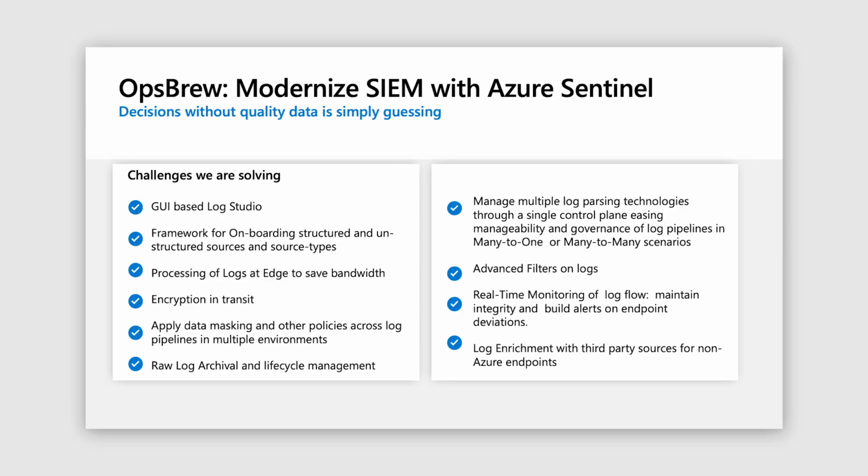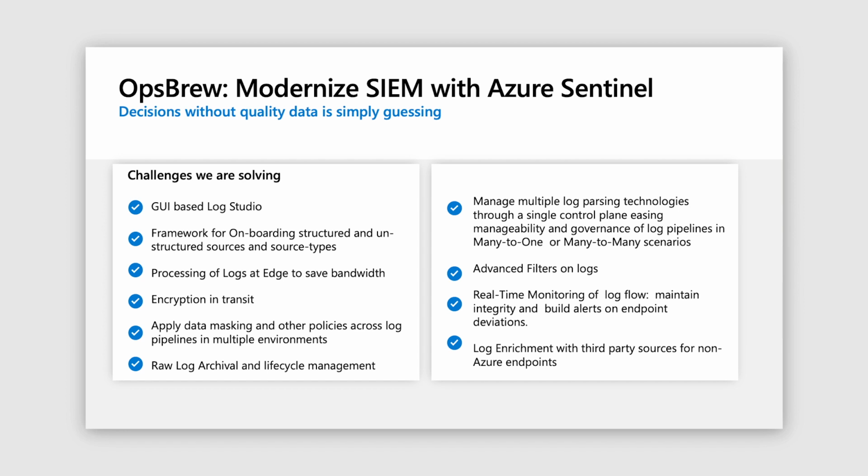First of all, it's a simple GUI-based log studio and a framework for onboarding structured and unstructured sources and source types. When we're talking about unstructured data, it's about OT devices or PCAP data that can be ingested into Azure Sentinel. Also, the processing of logs happens in the edge.